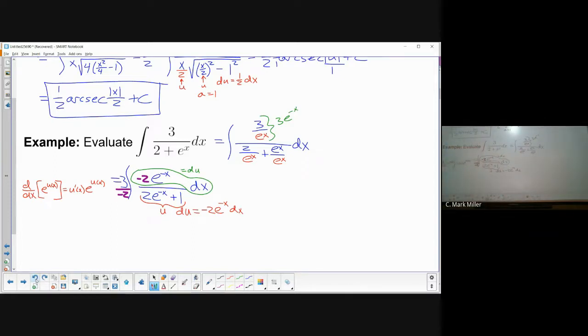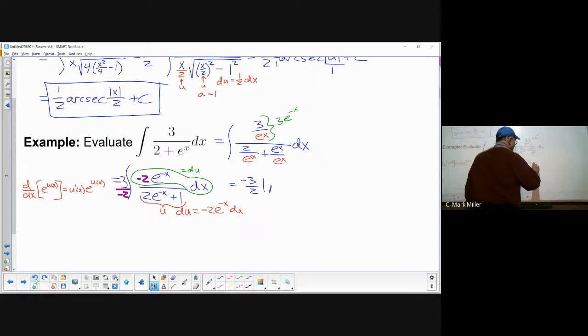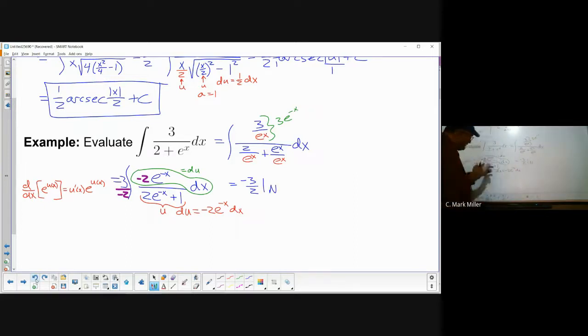You see how I made it into a du? And I bring out the minus 2? So what does that integrate to? I have a function on the bottom. I have its derivative on top. So that's going to be minus 3 halves natural log of the bottom.